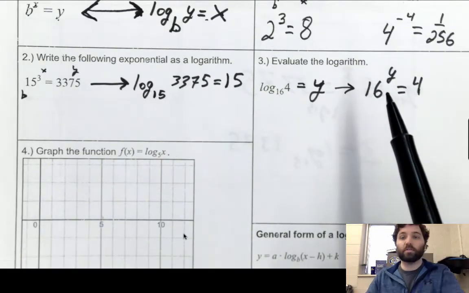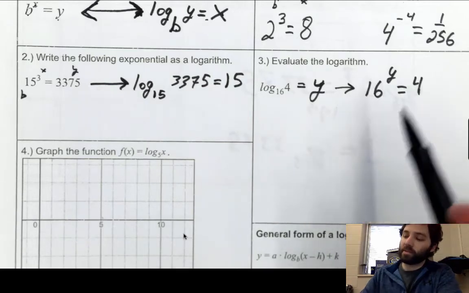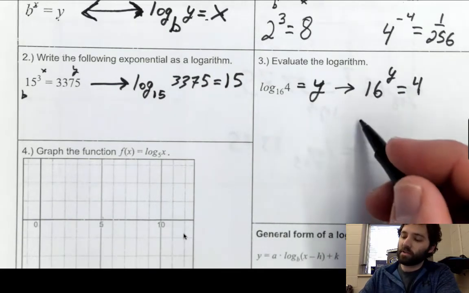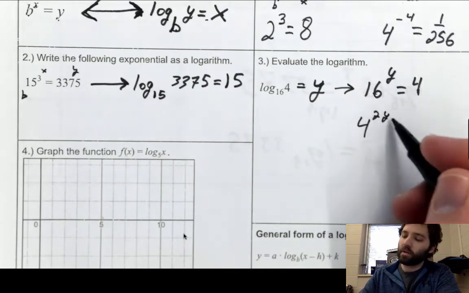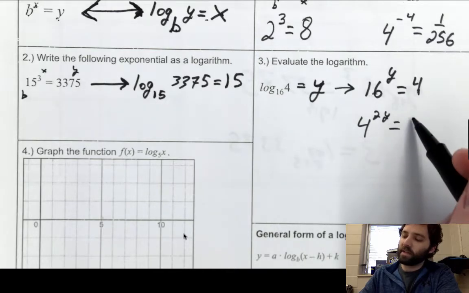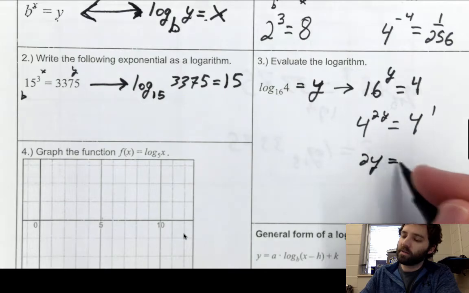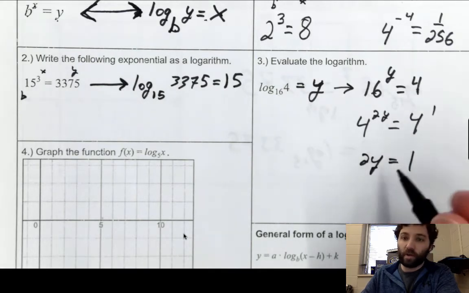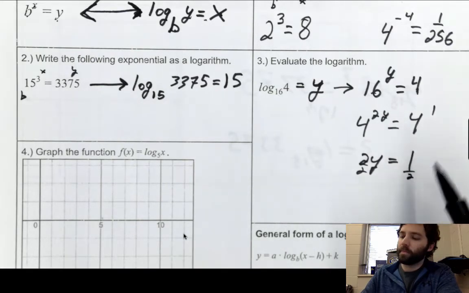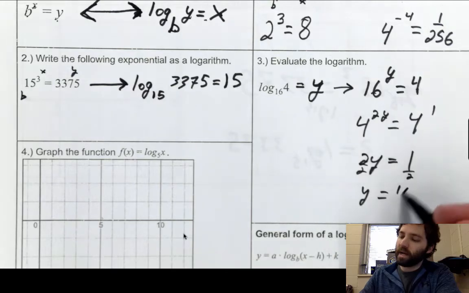Or another way that you can think about this is, can I make the bases match? So here I can, 4 squared is equal to 16, and 4 is equal to 4 to the 1. So I can write that 2y is equal to 1, and solve for y. And so I get y equals 1/2.